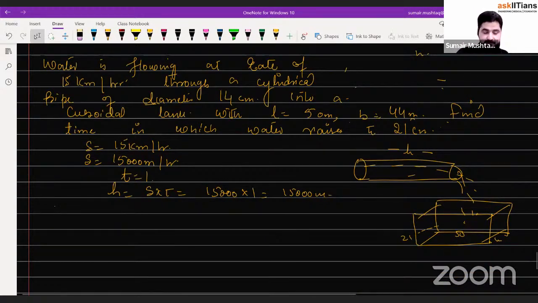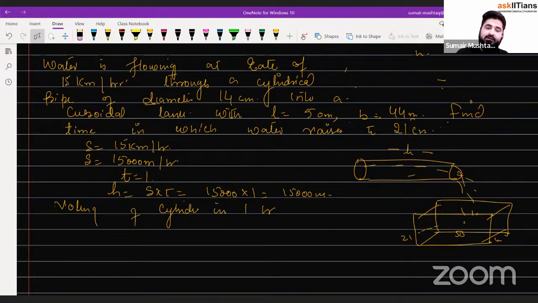Now, what is the volume of the cylinder in 1 hour? Because I am taking the distance for only 1 hour. What is the volume of a cylinder in 1 hour? Yes, that is pi r square h. That is 22 upon 7 into r square. What is r?